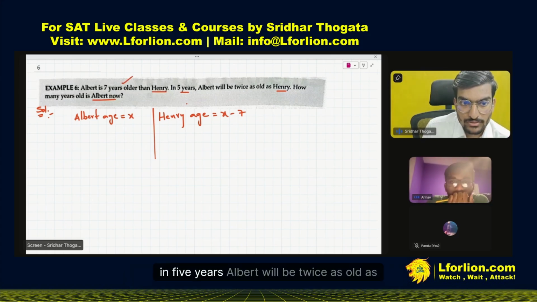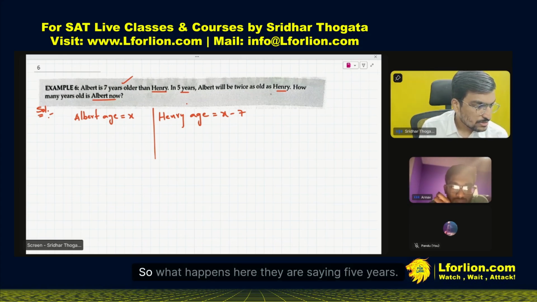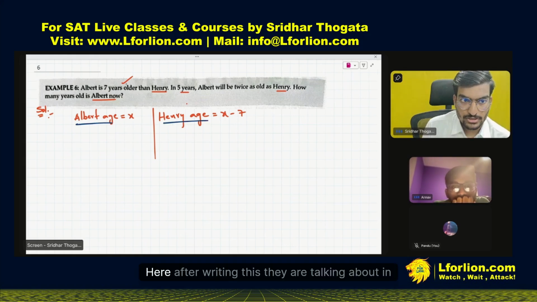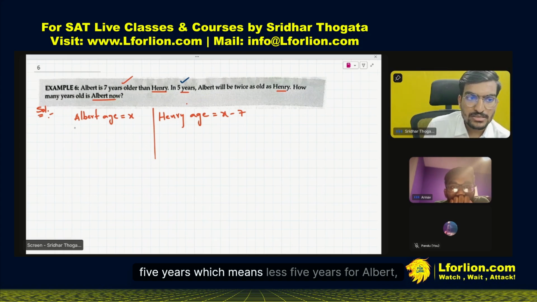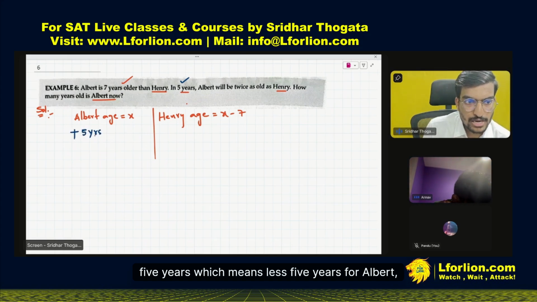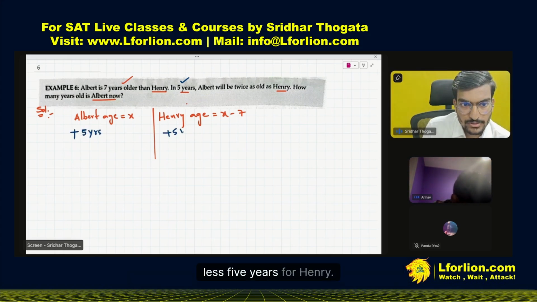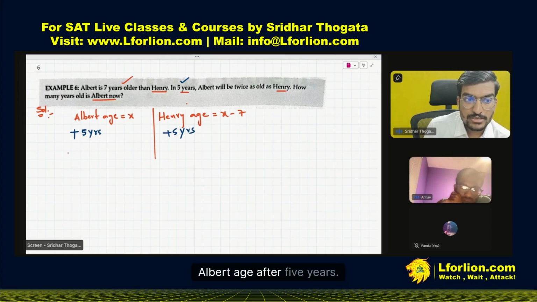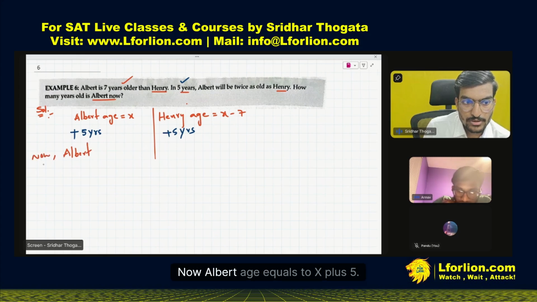In 5 years, Albert will be twice as old as Henry. So what happens here? They are saying 5 years. I just wrote Albert's age and Henry's age here. After writing this, they are talking about in 5 years, which means plus 5 years for Albert, plus 5 years for Henry. Now we are talking about Albert's age after 5 years. Now Albert's age equals x plus 5.